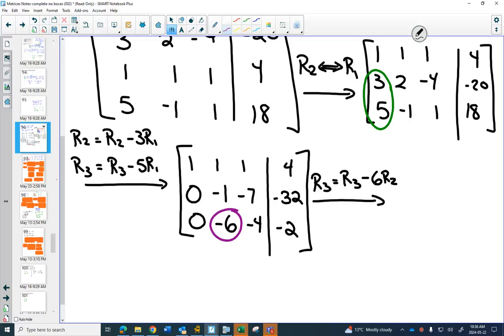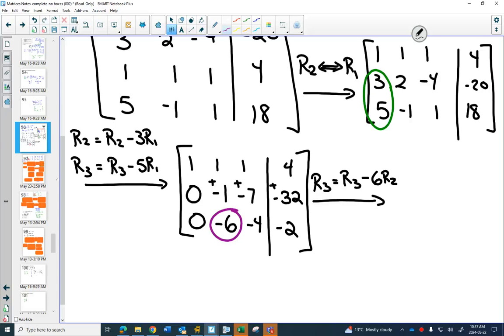So again, mental math-wise, okay? I figured out a way to make it 0. Mental math-wise, sometimes people don't like working with negatives. You could just take row 2 and multiply everything in row 2 by a negative, and that would change these all to positives.